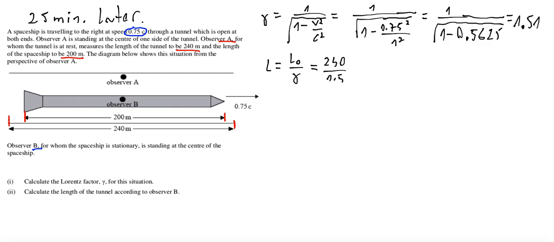The Lorentz factor is 1.51. 240 divided by 1.51 gives 158.9, so around 159, so around 160 meters. Okay, so observer B measures the length of the tunnel as 160 meters.